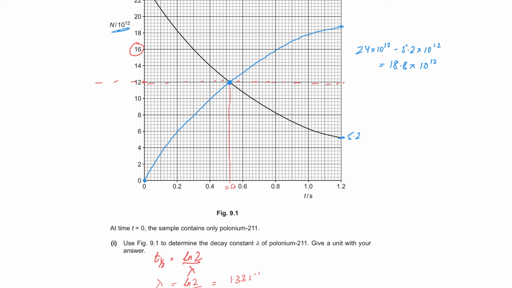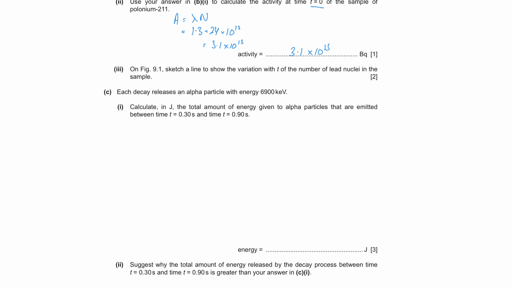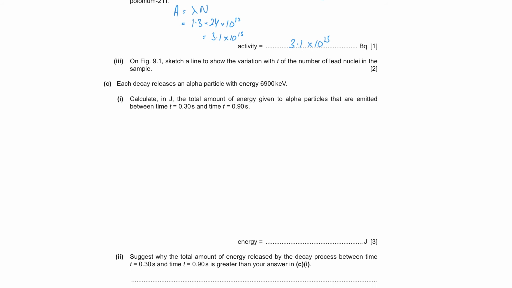At t is equal to 0.9, the count is 7.2 into 10 to the power 12. So how many nuclei of polonium decayed in this time period? We'll just subtract the two values. So 16 minus 7.2 into 10 raised to the power 12.